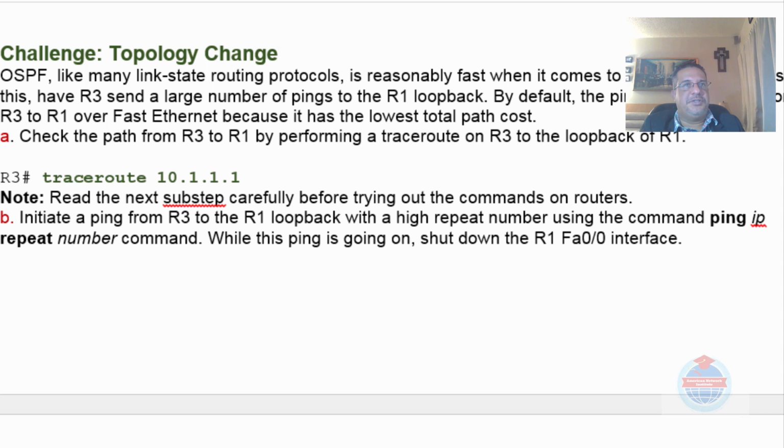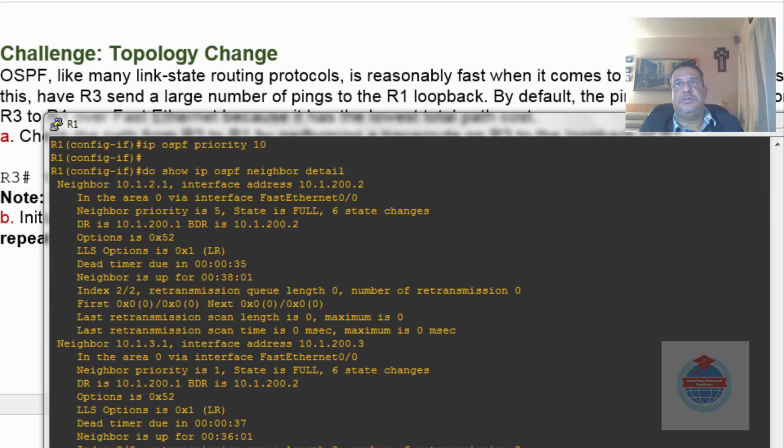Challenge: topology change. OSPF, like many link state routing protocols, is reasonably fast when it comes to convergence. To test this, send a large number of pings to R1 loopbacks. Okay, let's do that.